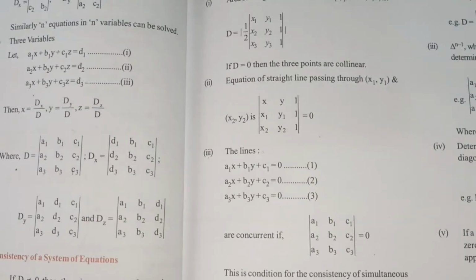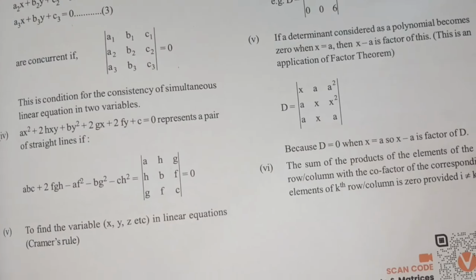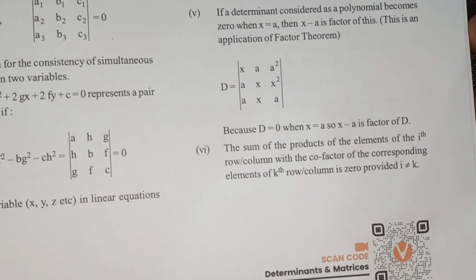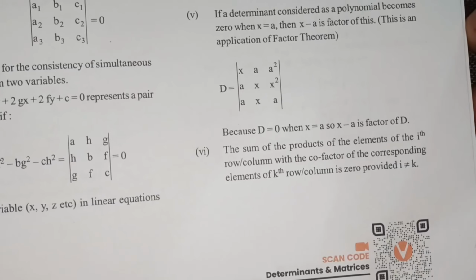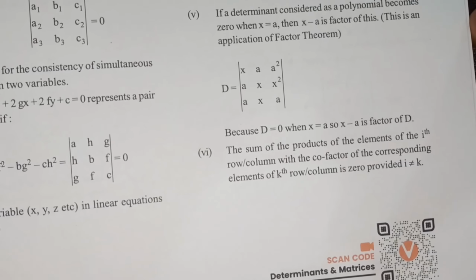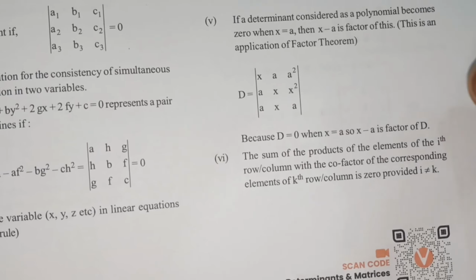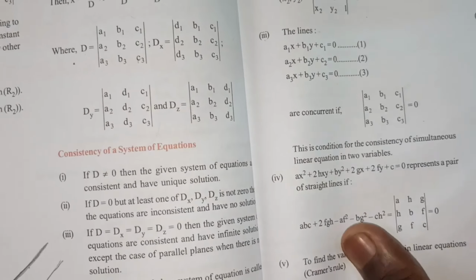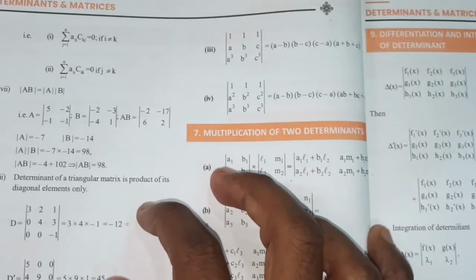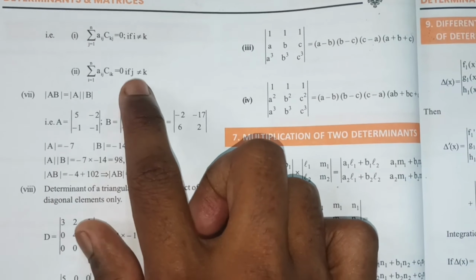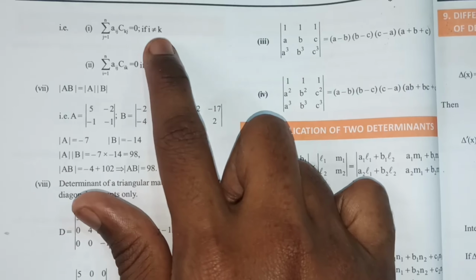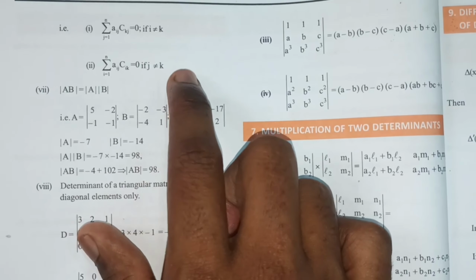See and understand again. The sum of the product of the elements of the ith row or column with the cofactor of the corresponding elements of the kth row is 0, provided i is not equal to k. So its summation will be equal to 0 if i is not equal to k and j is not equal to k.